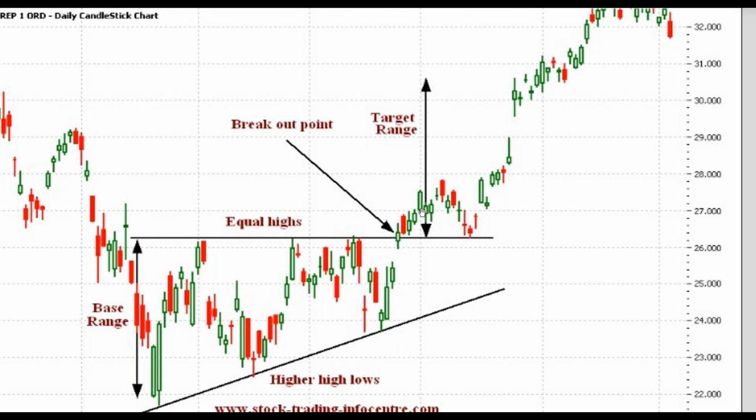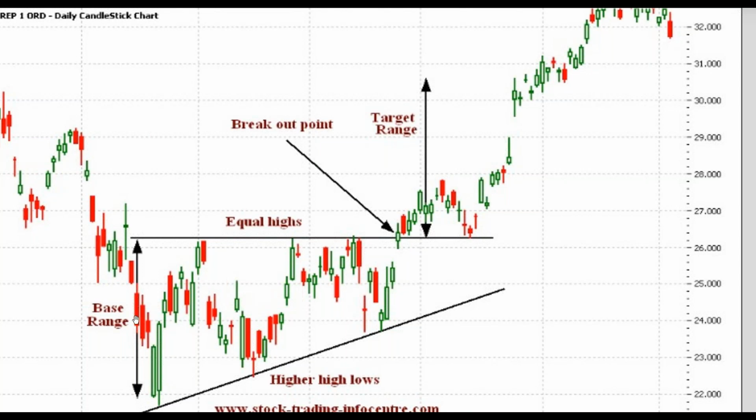So in this case, if you decide to go long, you can use the base of the triangle and place it at the breakout level and use the same distance in order to figure out your target.